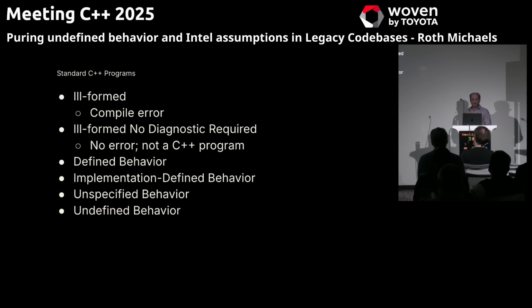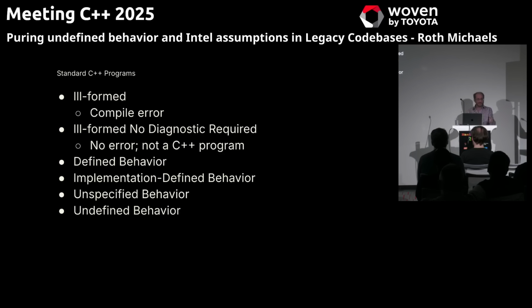So in talking about what undefined behavior is, there's a number of different behaviors or states of a C++ program. The first one is some code can be ill-formed, and that's a compiler error. This is just not legit C++ code. There's another, more strange one, which is ill-formed, no diagnostic required, which means this should be a compiler error.